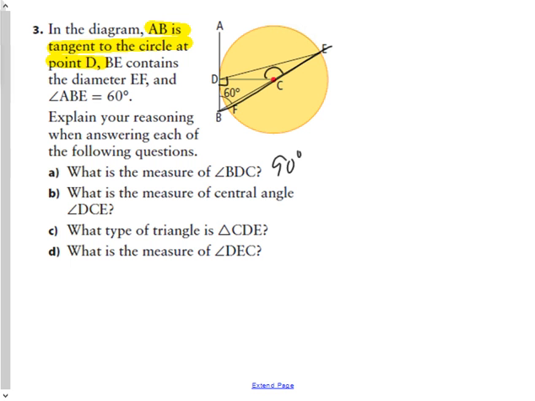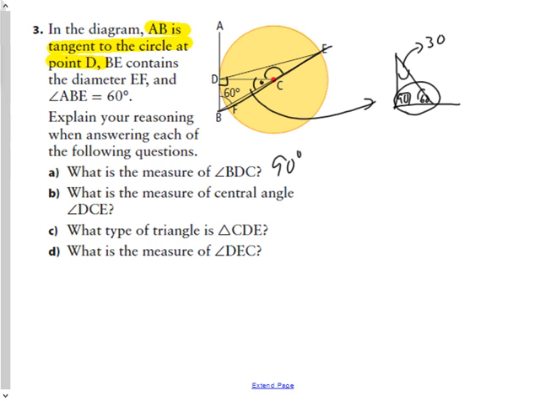And this is going to take a little bit more logic. It doesn't say find DCB first, but in order to do that, you first need to figure out that little dot angle first. The reason we can do that is because we have a triangle. This is 90. This is 60. We know that all three angles have to equal 180. So those two equal 150, which means this one here is 30.